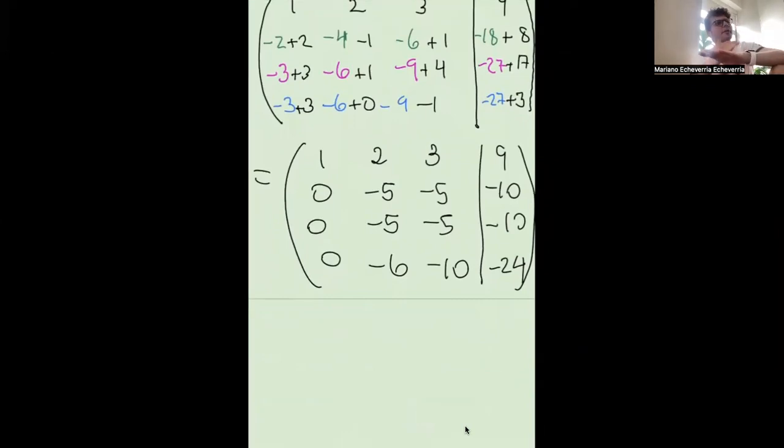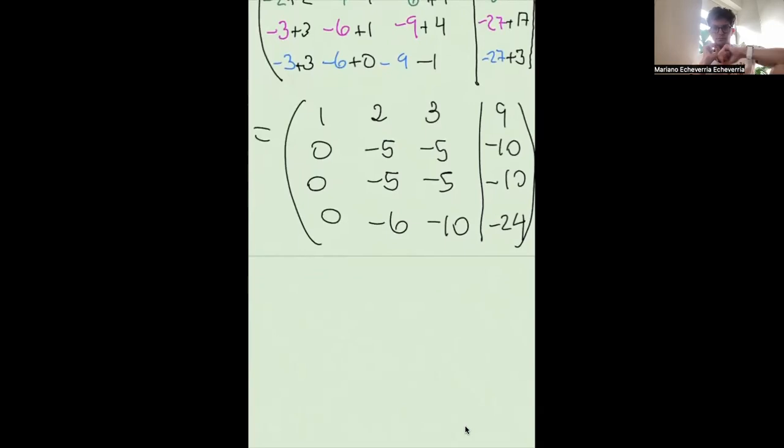Now, there's something very obvious that you could do here before we continue. I don't know if you see something you can notice about the second and third rows. They're exactly the same, right? So once the rows are exactly the same, you can just make one equal to 0. You can just do minus row 2 plus row 3, for example, before doing anything else.